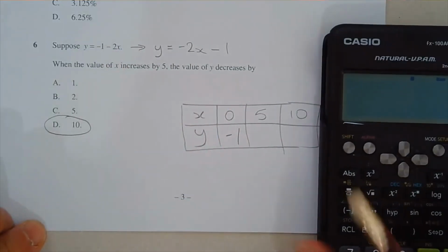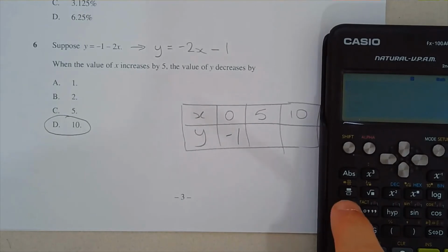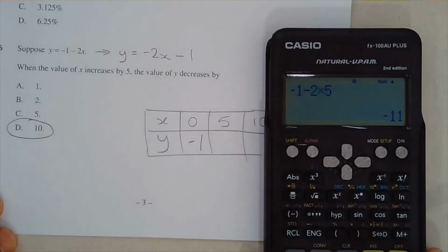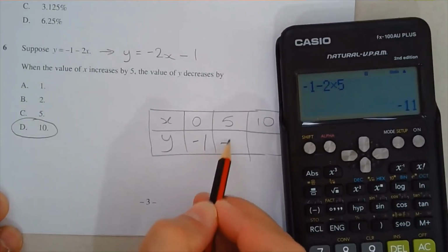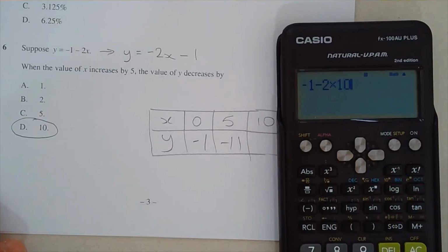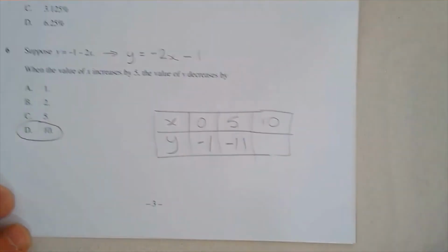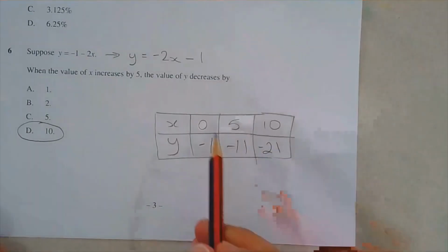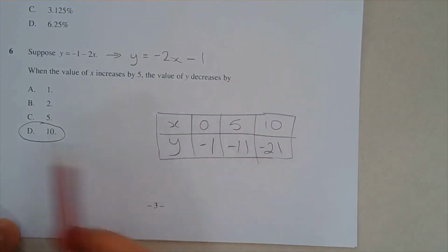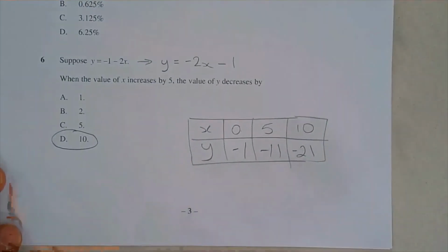When x equals 5, we have -1 minus 2 times 5, we get -11. And when x equals 10, we get -21. So x is going up by 5, y is going down by 10. So that's another way to be able to see the answer.